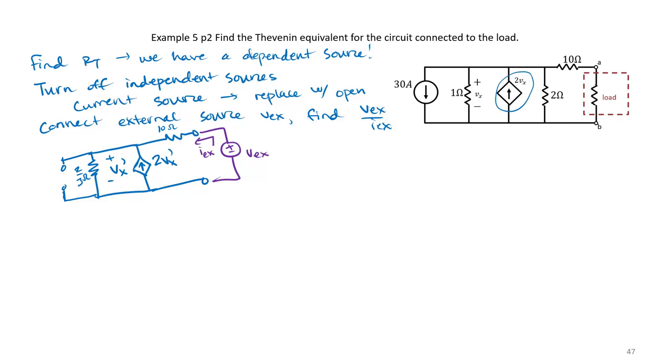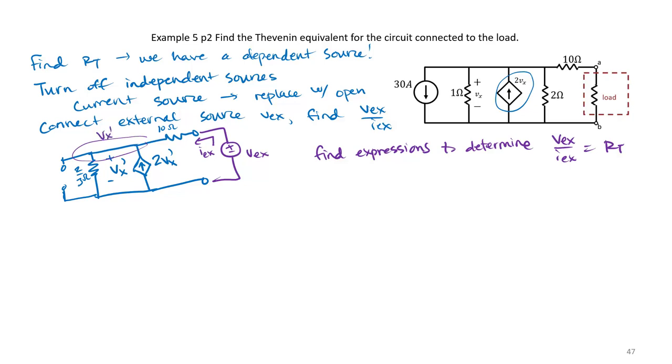Once again, we now need to find expressions to determine VEX over IEX equals RT. So a good strategy here is to use node analysis again. We can easily find IEX through that 10 ohm resistor. Over here, we're sitting at Vx prime volts.